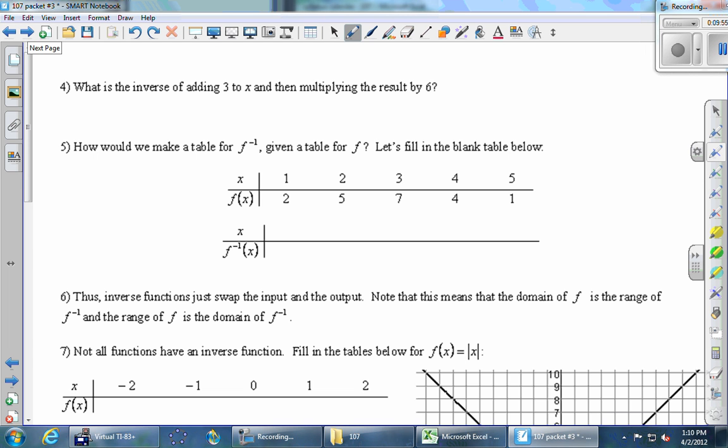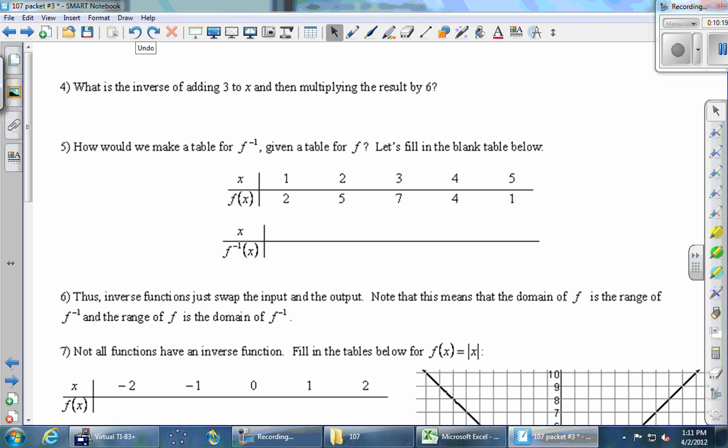We'll go to Michael. Guys, write down something in English, not really symbols, just English, the inverse of that thing. Okay, in English, what's the inverse of that?